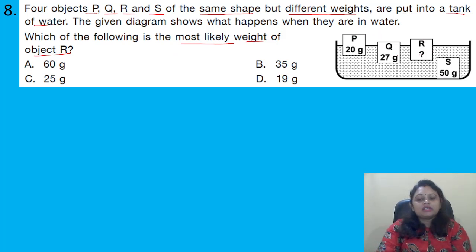Here the object which has more weight sinks at the bottom, and the objects which have comparatively less weight float on the surface.